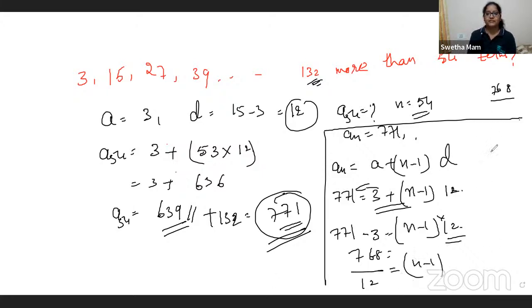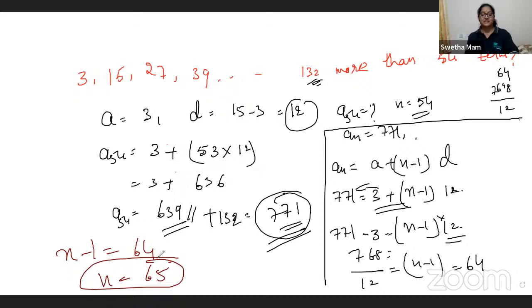So now we can divide 768 by 12. 12 sixes are 72, 4 is remainder, so 64. So n minus 1 is 64, right? n minus 1 is 64. So then n is equal to 65. So the 65th term is 771.